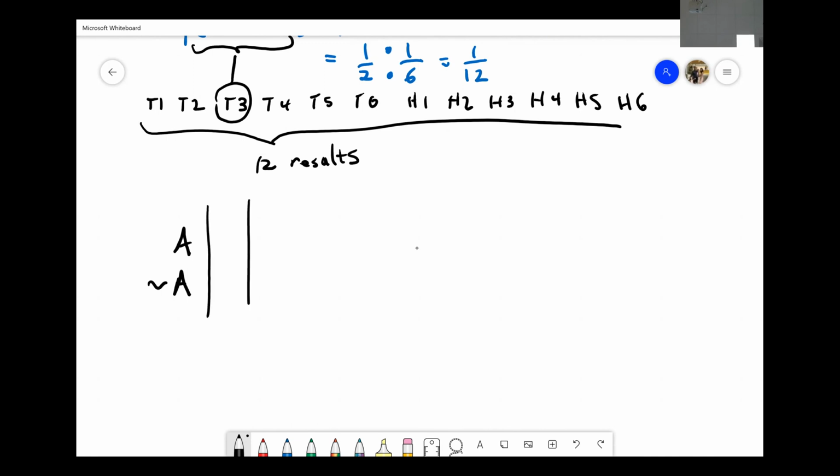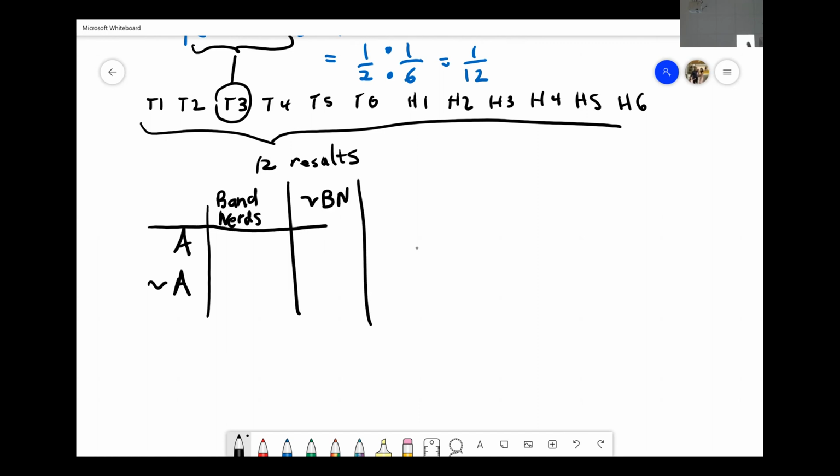And we subdivide them into 2 groups of people: band nerds and not band nerds, just to see if there is a correlation between being a band nerd and getting an A. In the class, we had 12 band nerds and 13 non-band nerds for a total of 25 people.